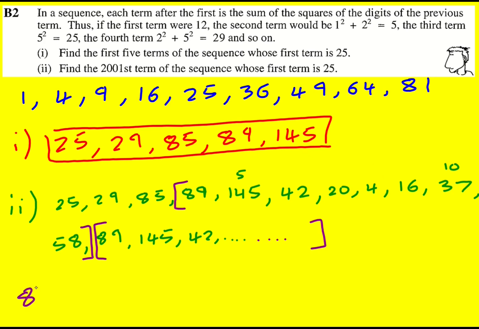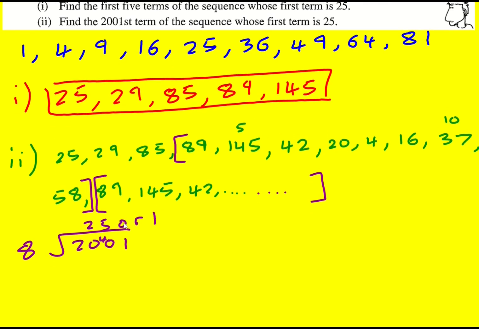I'm going to work out how many 8s, therefore, go into 2001. 2, remainder 4, 5, 0, remainder 1. So I'm going to get 25, 29, 85, and then 250 of these.